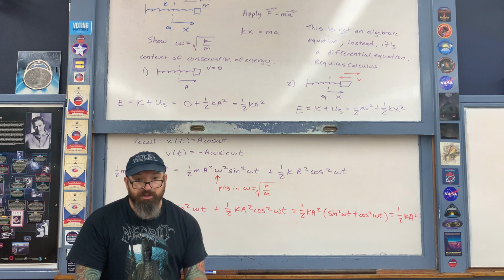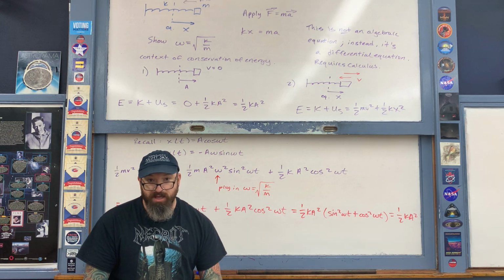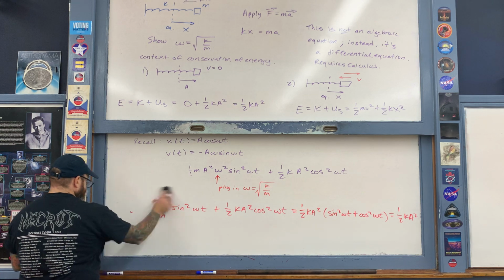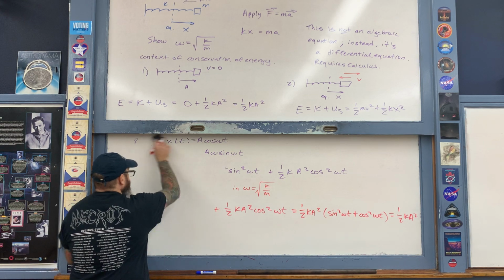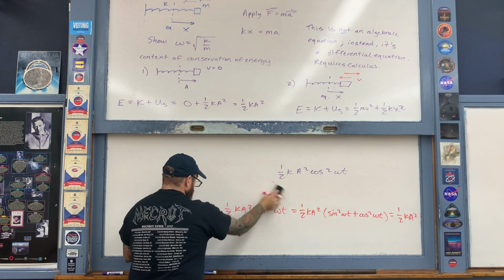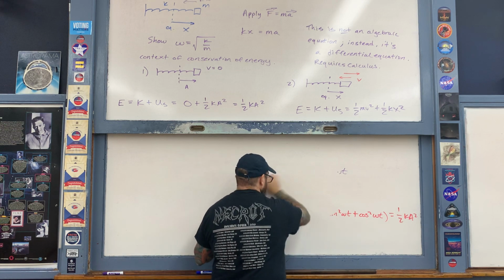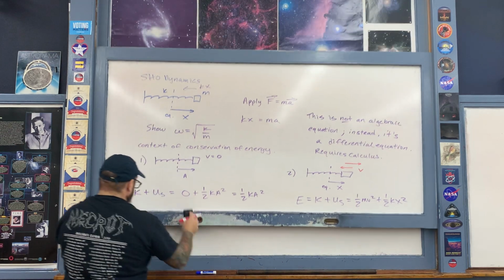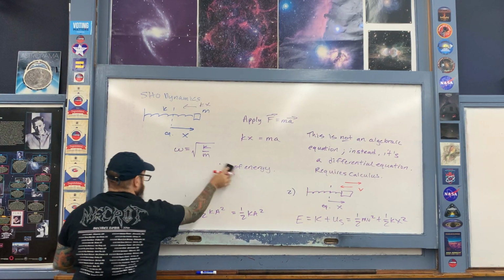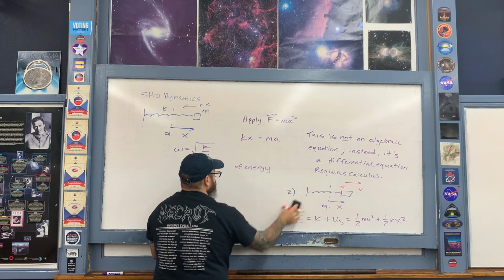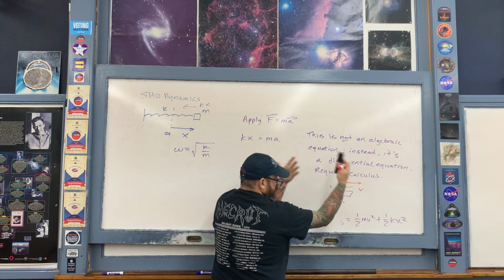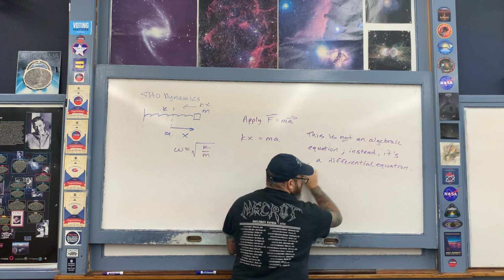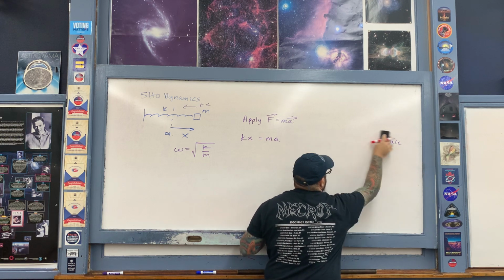Here's how that expression shows up in F equals ma in the differential equation itself. Now I'm not going to solve the differential equation for us because, as I said earlier, this is an algebra-based course, not a calculus course.